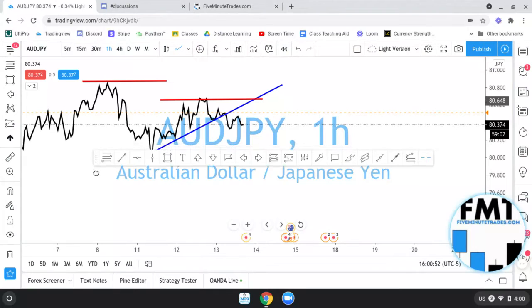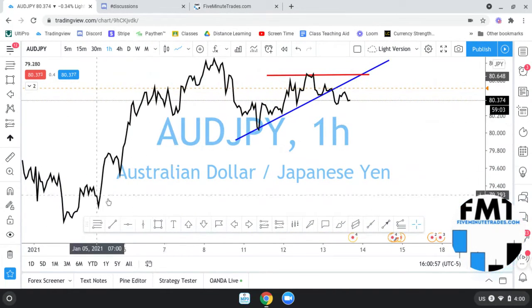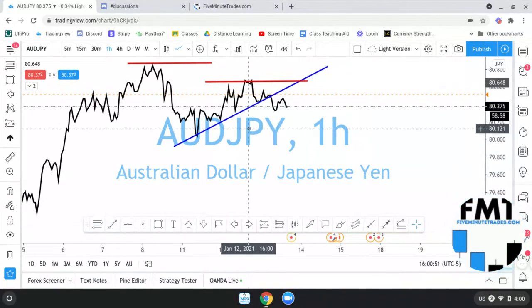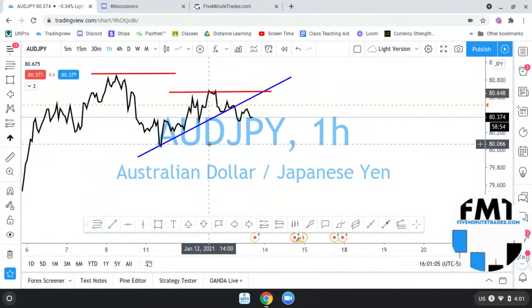So the market structure is changing from bullish, higher highs, higher lows, to bearish, lower highs and lower lows. So how can we get in on this trade at a sweet spot? And what spot am I thinking about getting in on?